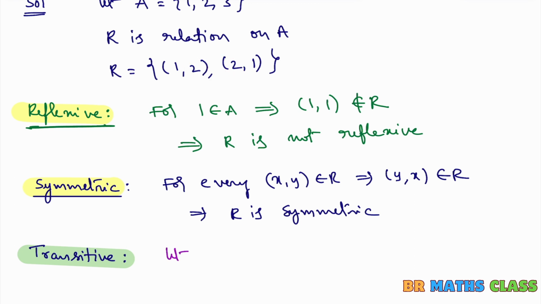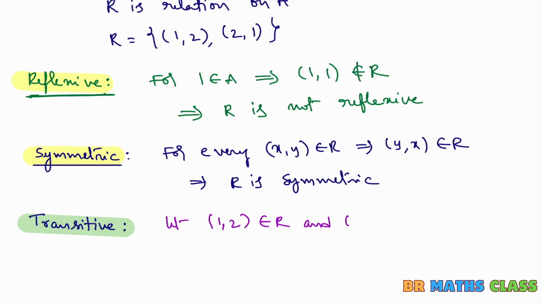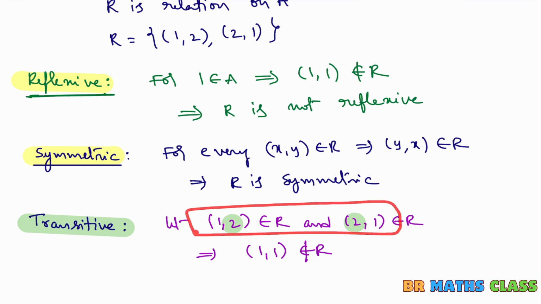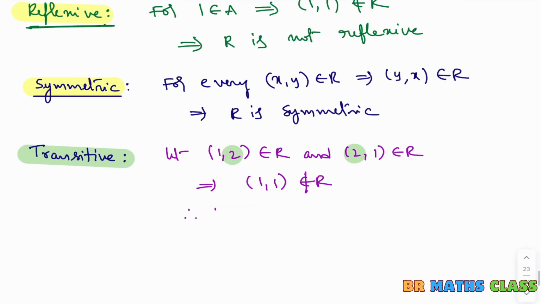So here I will write: let (1, 2) be in the relation and (2, 1) is also in the relation. That means there exists a pair satisfying the condition (x, y), (y, z). Look for (x, z). What is (x, z)? (1, 1). Is the ordered pair (1, 1) in the relation? No, (1, 1) does not belong to the relation. That means this pair fails to satisfy the transitive condition. Therefore, R is not transitive.